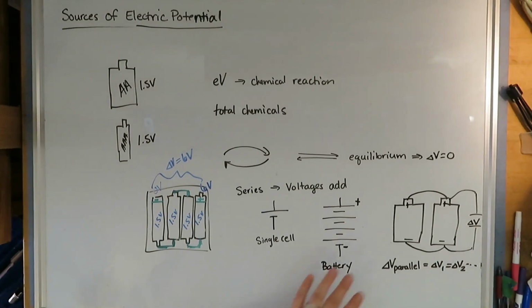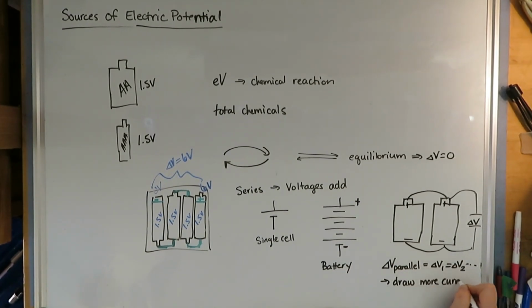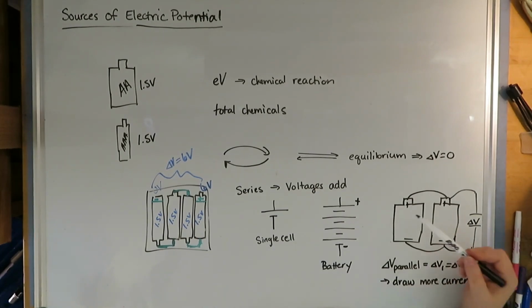So if you put more in series, you're going to get a bigger voltage. But in parallel, this allows you to get the same voltage, and this is going to allow you to draw more current, because you're going to be able to draw current from more power supplies.